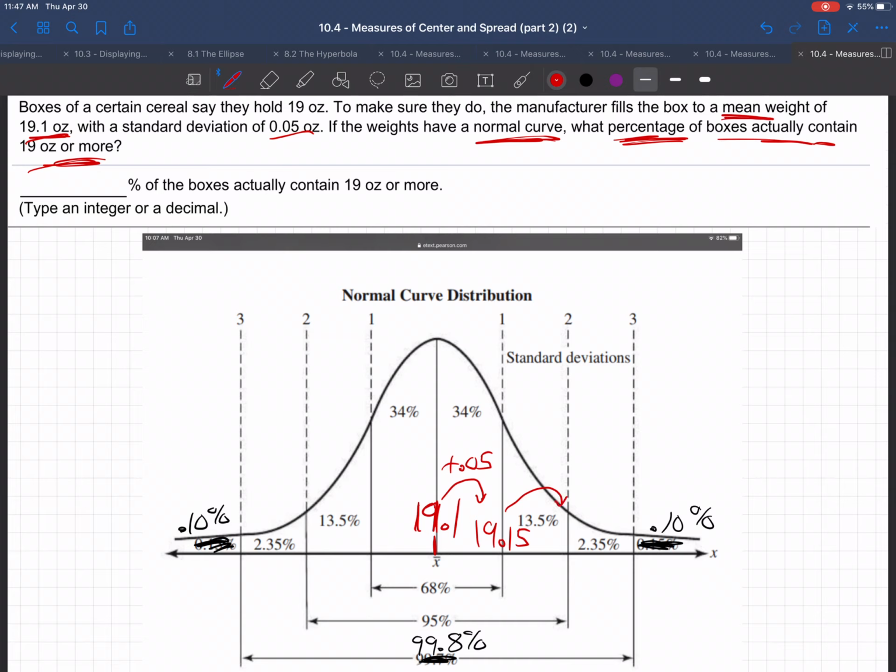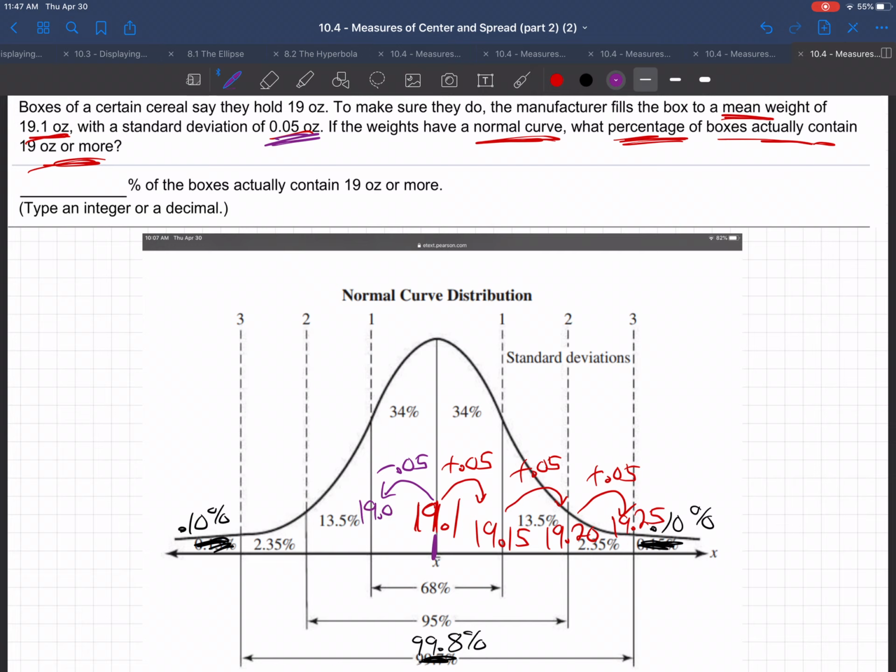And to the next line, you add another 0.05. So this will be 19.2. Then add another 0.05. This line will be 19.25. Same thing the other direction, you go down. Again, it's a number line with 19.1 right in the middle. To the right, every line goes up by 0.05 because that's the standard deviation. To the left, every line goes down by 0.05 because that's the standard deviation.